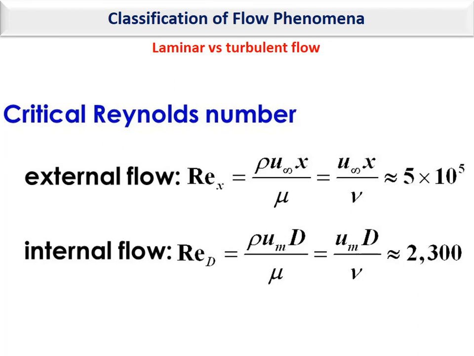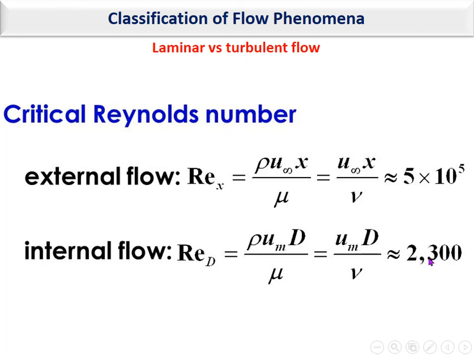What are the criteria for the flow to be laminar or turbulent? The criterion for external flow is the Reynolds number, with the definition I told before. You remember, U infinity is the free stream velocity, and it should be more than 500,000. For the internal flow, where UM is the average velocity or mean velocity in the pipe, the Reynolds number should be more or less than 2,300.